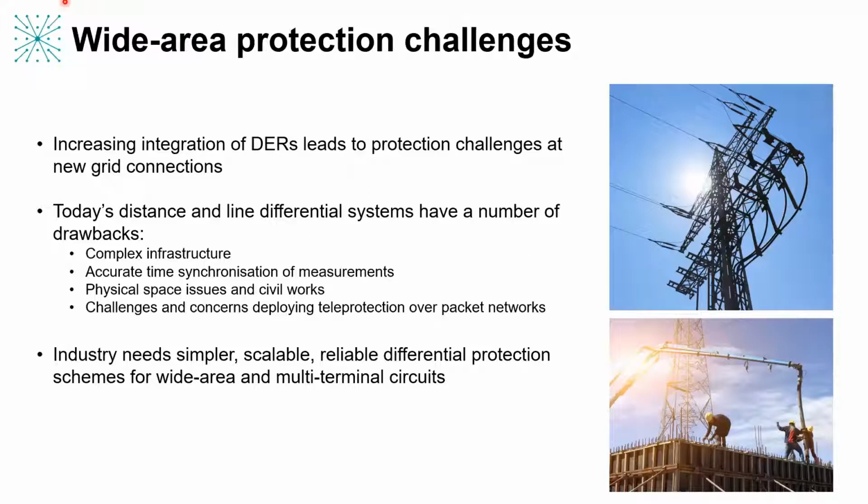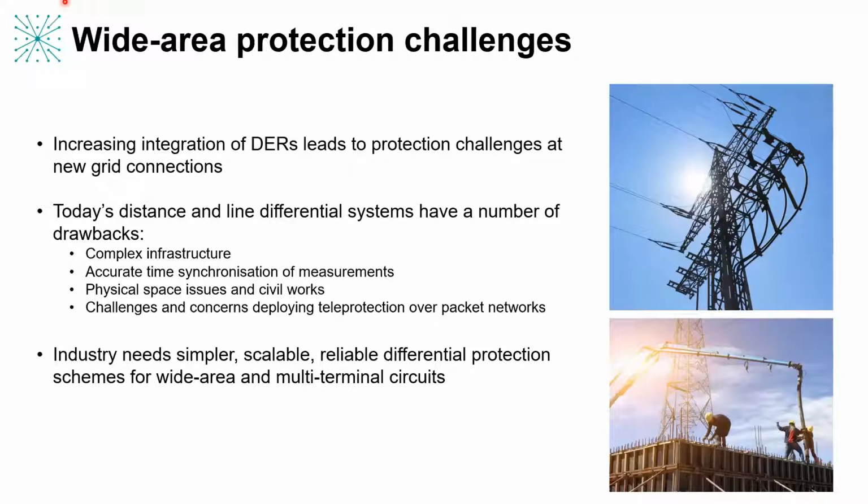Now, differential protection is, of course, the gold standard in electrical protection because it gives the operator complete confidence in the location of the fault inside or outside of a protected zone. However, in these kind of wide area or multi-zone or multi-terminal situations, it can be overly complex and expensive, because it relies on multiple discrete measurement schemes and protection relays that are in constant communication over packet networks.